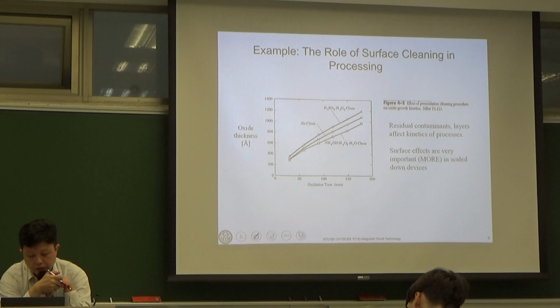If you don't clean it, or you use sulfuric to clean, or you use ammonia to clean, then your surface conditions are quite different. So when you do the oxidation process, because the surface condition is different, the growth rate is also different.